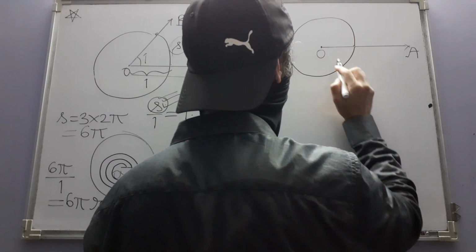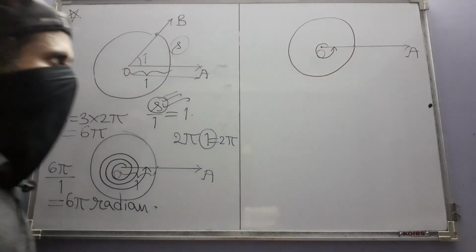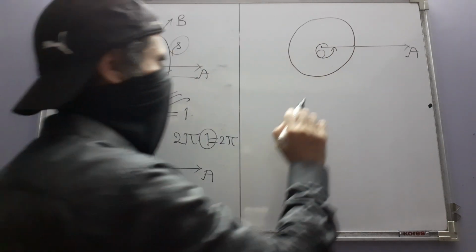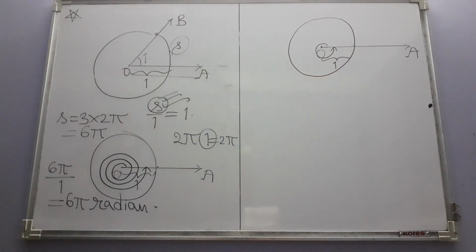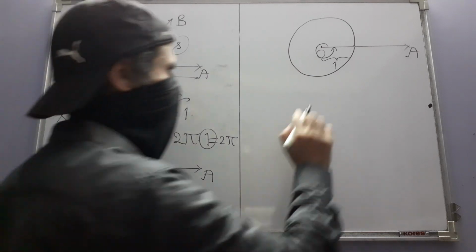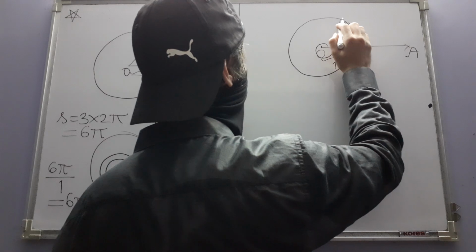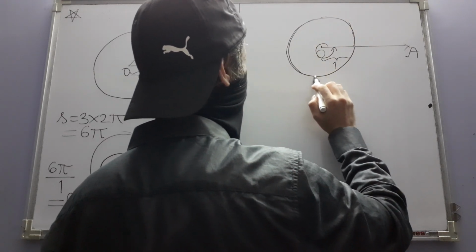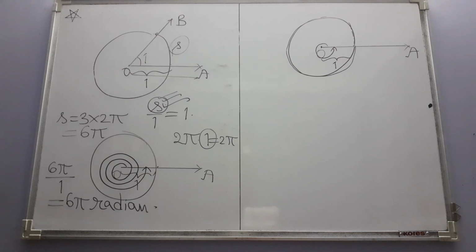Now say the rotation is one complete revolution. And because the circle is a circle of radius 1, we have 1 here. So the point goes like this and travels around the circle once and comes back to its initial position.